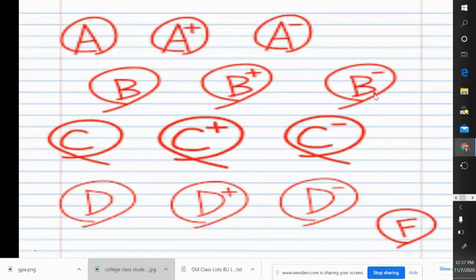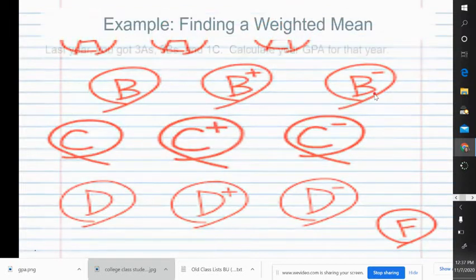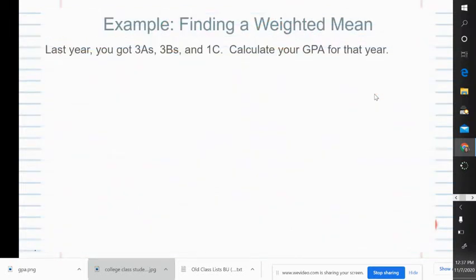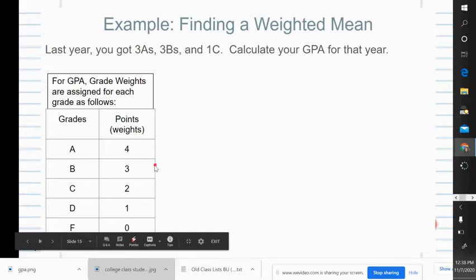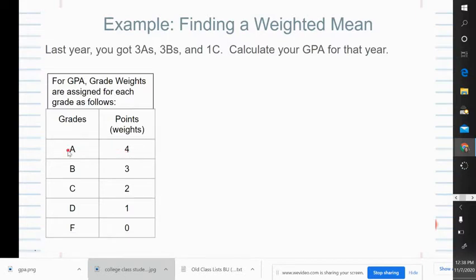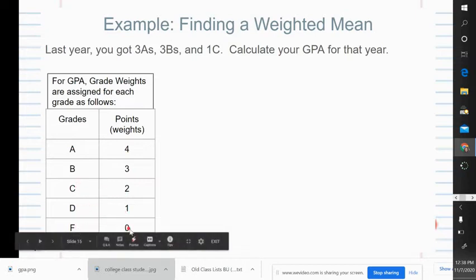So let's talk some grades, shall we? Let's do an example where we find the weighted mean. Let's say last year you got three A's, three B's, and one C, and you're going to calculate your GPA for that year. For GPA in general, unless you have honors or AP classes, where the weights are a little bit different, if you just have regular classes, then an A is worth 4 points, a B is worth 3 points, a C is worth 2 points, a D is worth one, and an F is worth none.